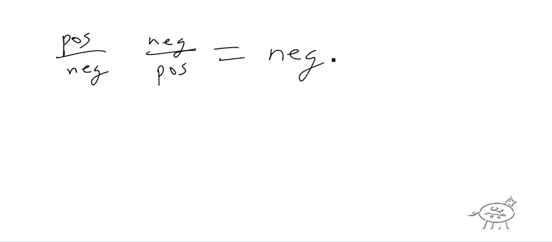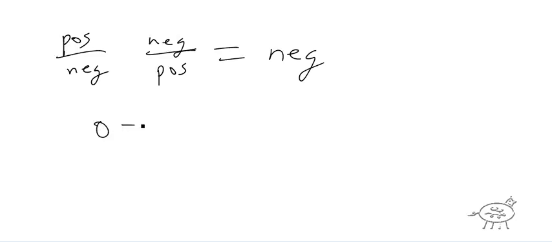If I have a positive over a negative, or a negative over positive, you guys know that comes out to be negative. It's just like multiplication. If one of them is positive, one's negative, it turns out to be negative. So multiplication and division have the same idea.